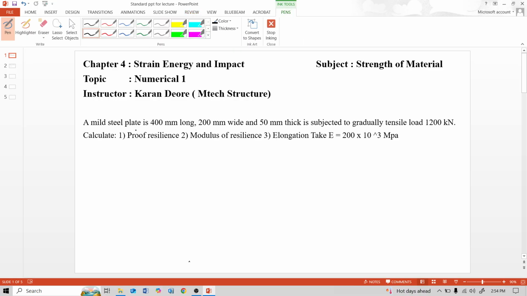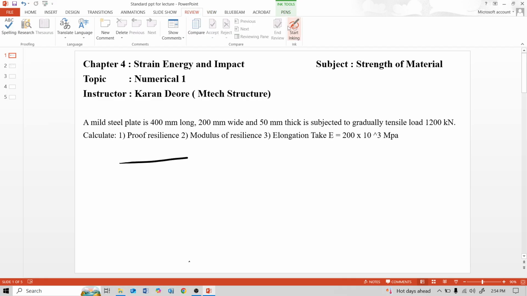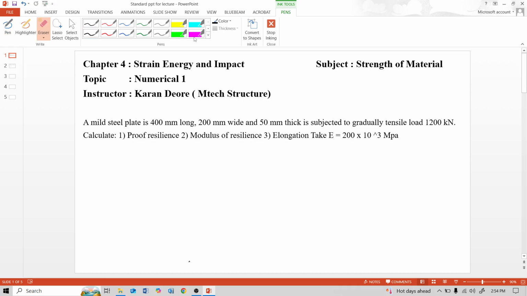First, this is a mild steel plate of 400 mm length. That means this is 400 mm, and the width is 200 mm. That means this is the width, and the thickness is 50 mm. Something like this.